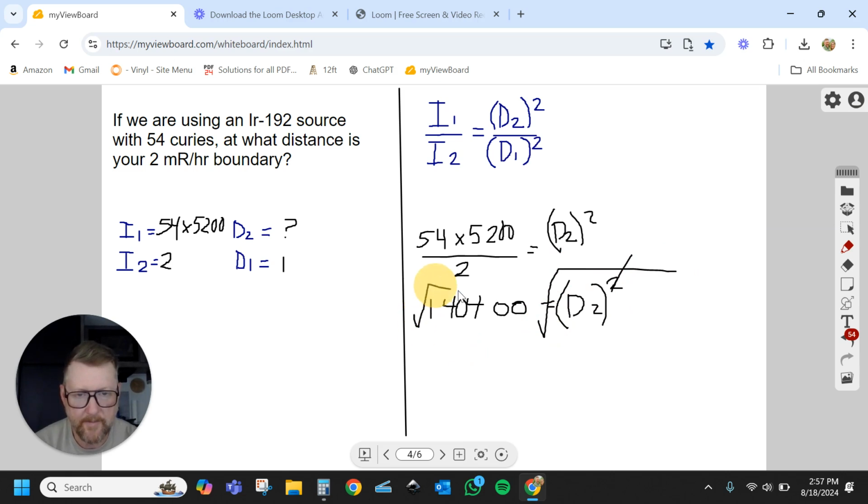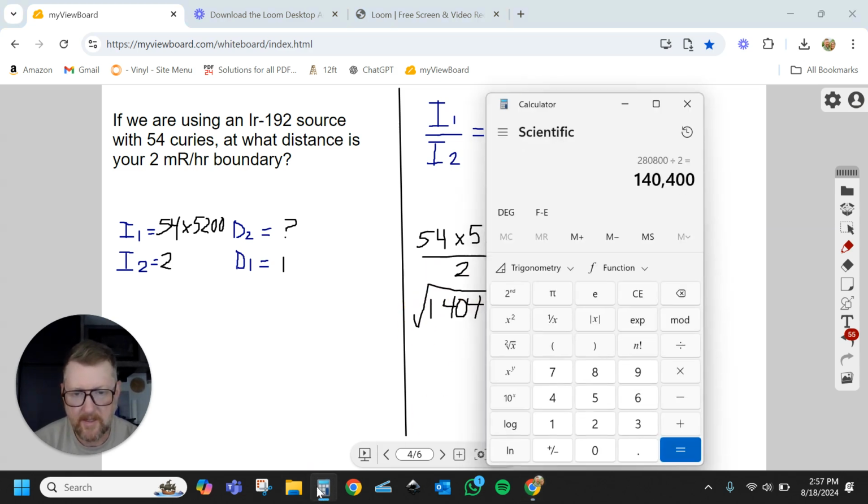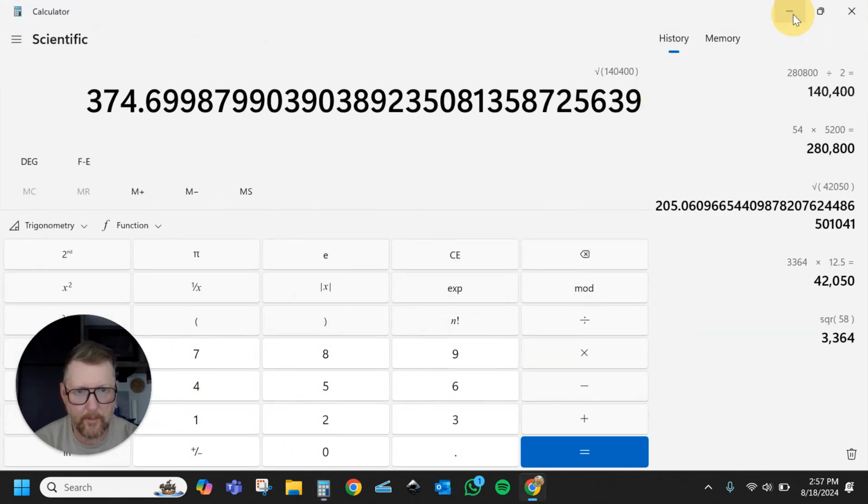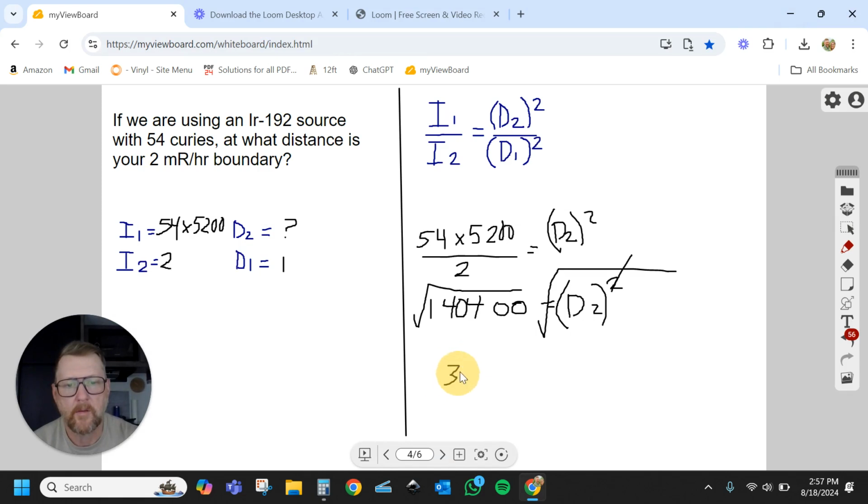We just hit the little square root button right here. 374.69, so let's call it 374.7. Distance 2, so that's going to be feet. Distance 2, your 2 MR boundary with 54 curies, 374.7 feet.